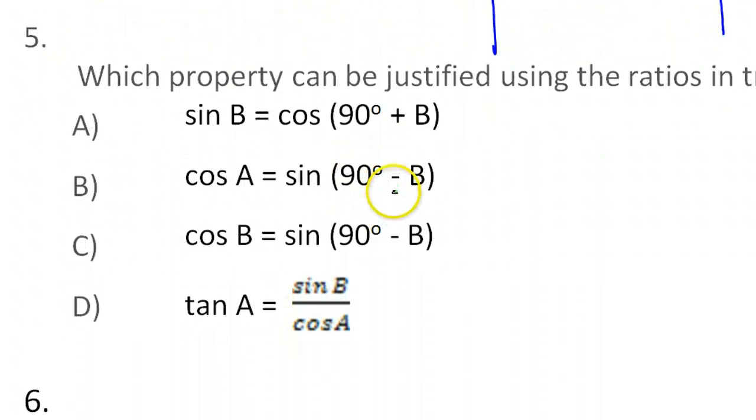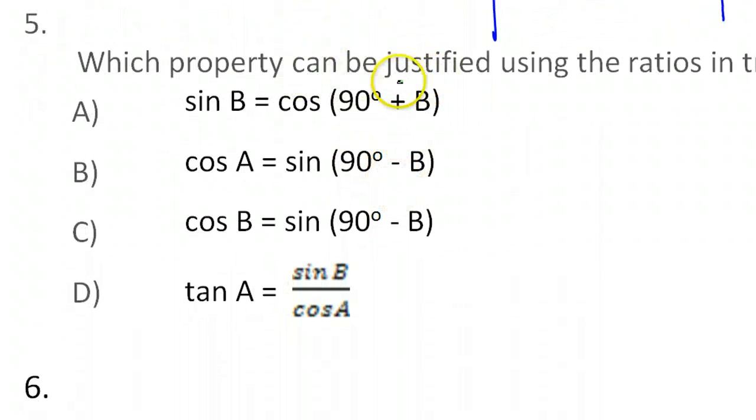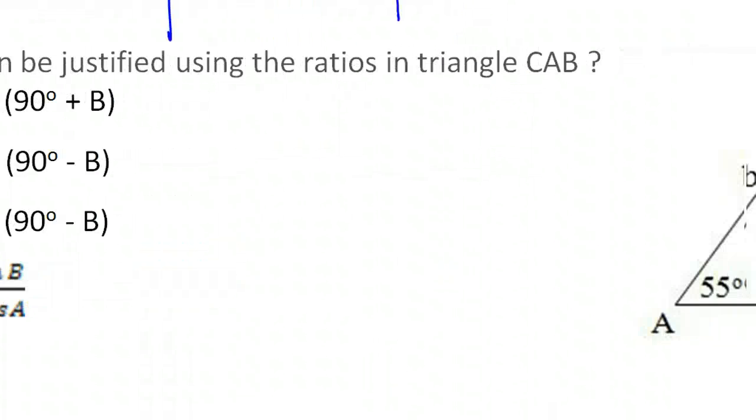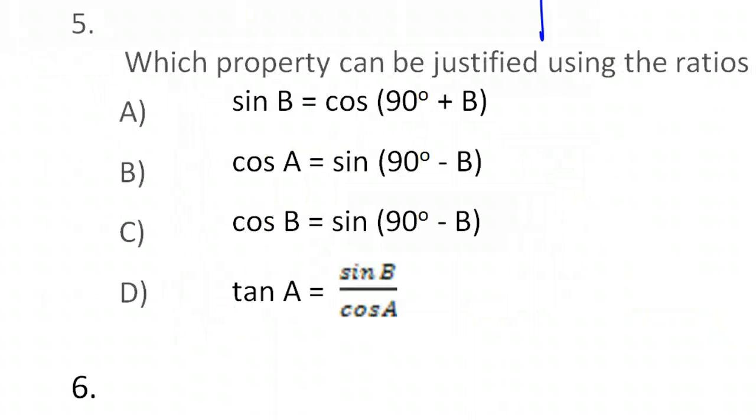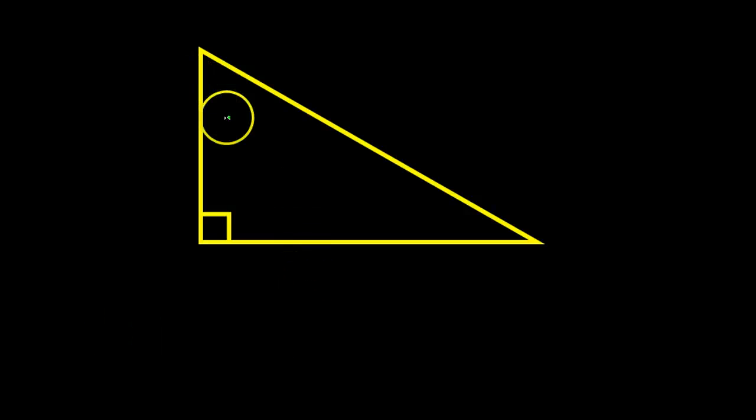Now look at number 5. Which property can be justified using the ratios in triangle CAB? What do they have going on over here? Well, we know that the sine of one angle is going to equal the cosine of the other angle. So we know, for example, if I call this theta, then that would make this over here 90 minus theta.